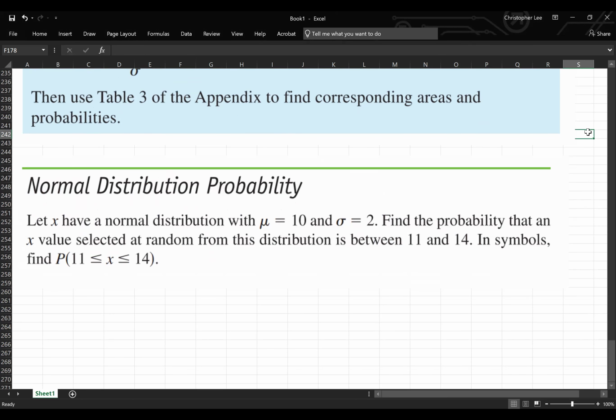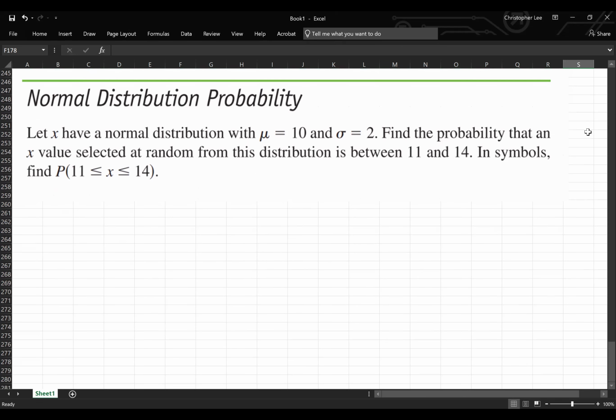Let X have a normal distribution with mean mu equal to 10 and standard deviation sigma equal to 2. Find the probability that an X value selected at random from this distribution is between 11 and 14. So in symbols, we want to find the probability of 11 less than or equal to X less than or equal to 14. It's the same thing, right?